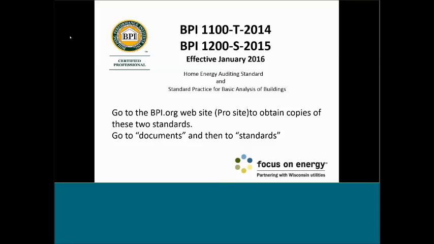There's a question here about the 62.2 ventilation requirement with a continuous running bath fan and an air cycler switch. I'm just reading the question over right now.